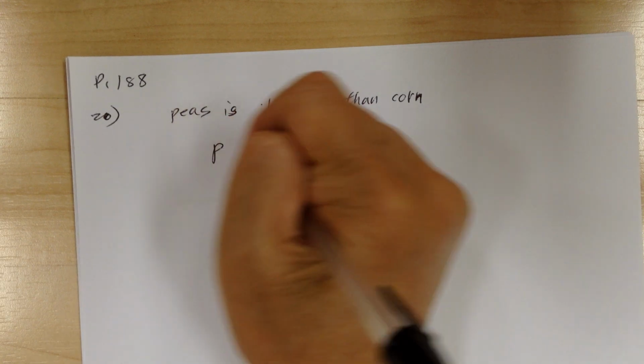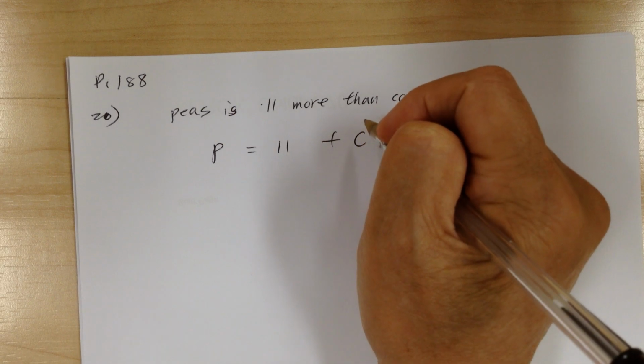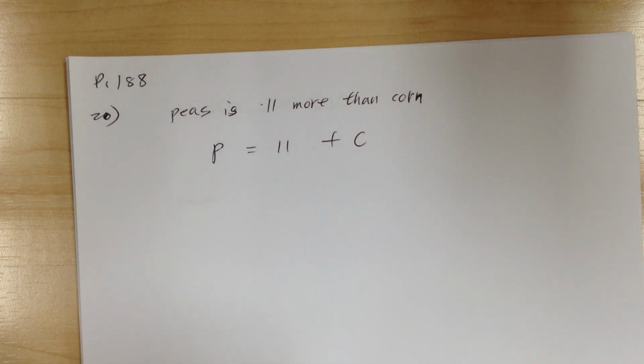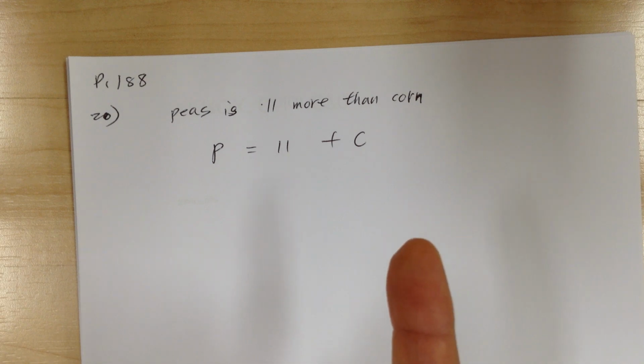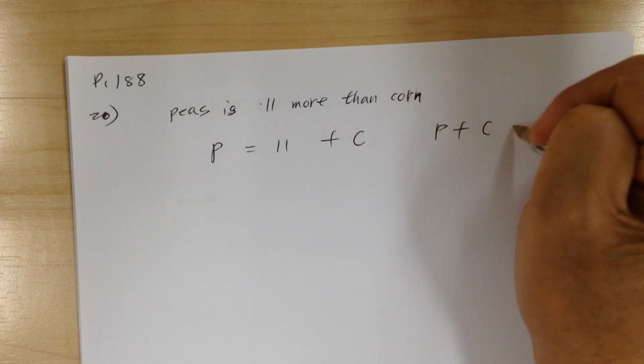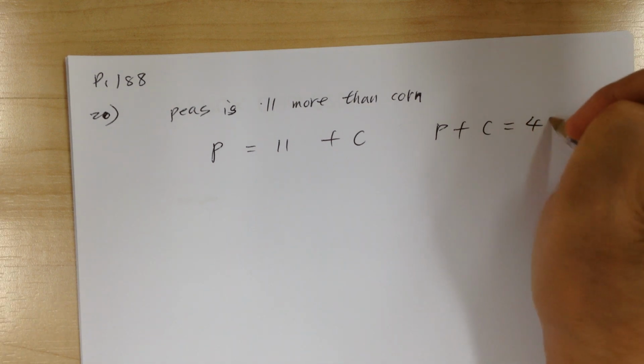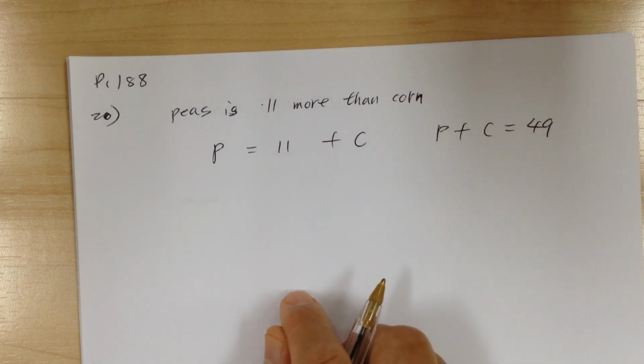So P equal to 11 more than means plus C. So that's one equation. And she bought 49 cans of this together. So that means the peas plus corn equal to 49. So these are your 2 equations.